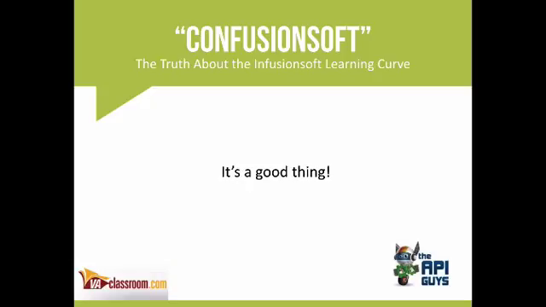The power of Infusionsoft is immense. And that's why it is so complicated. I mean, you can't expect that kind of power and potential from something to just be that easy. It just doesn't work that way. So it's a little bit of a good news, bad news joke. Yep, it is hard, but that's because it can do so much.